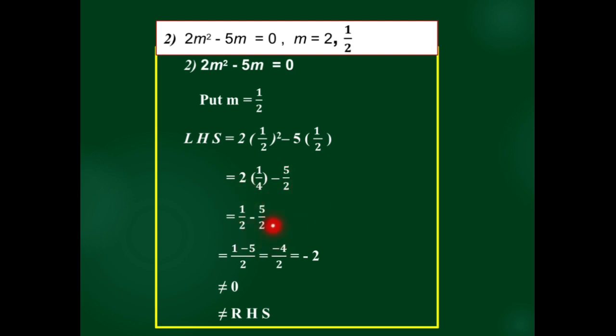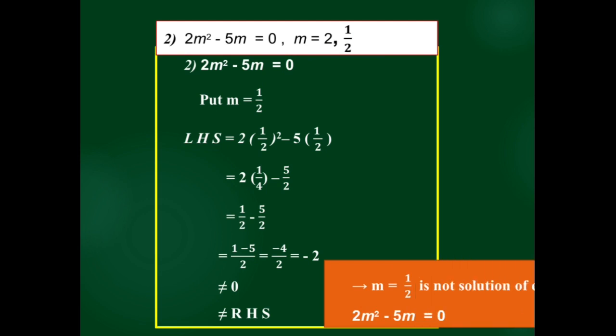The denominator is the same, so we write 1 minus 5, which is minus 4. After cancelling 4 with 2, we get the value minus 2, which is not equal to 0. So LHS is not equal to RHS. That means m equals 1 by 2 also does not satisfy this equation. So both m equals 2 and m equals 1 by 2 are not solutions of this equation.